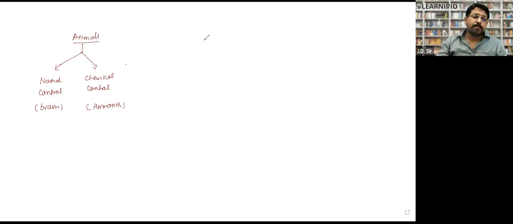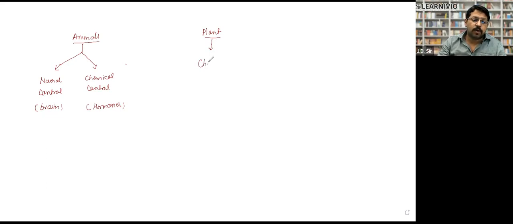Now, talk about plants. Plants are also biological objects. They have life, but plants are not as developed as animals. So plants do not have neurons, neural cells, or a brain. So how is the body of a plant controlled?